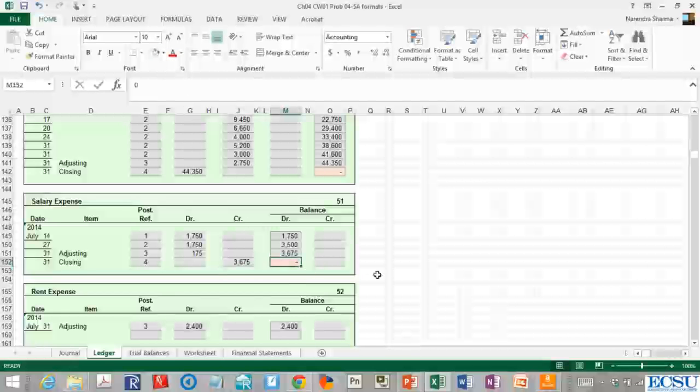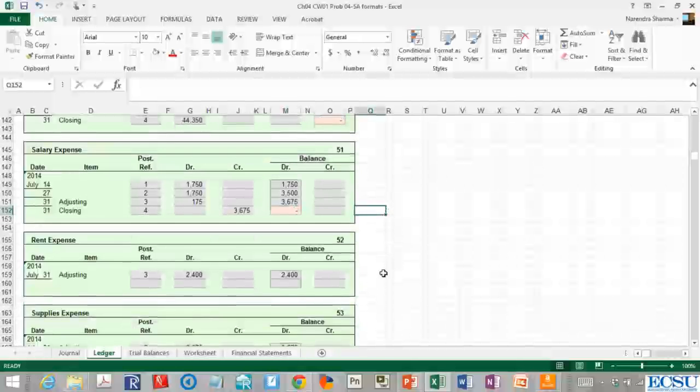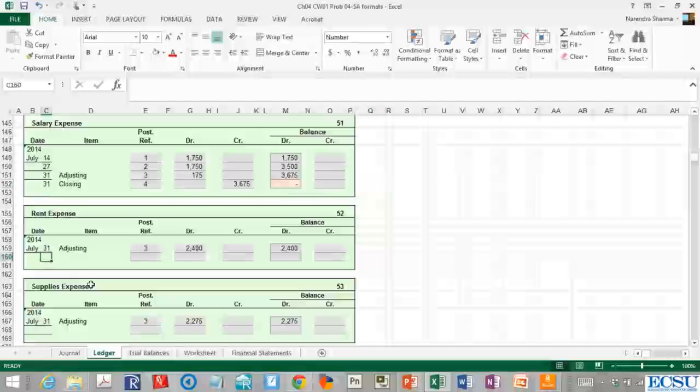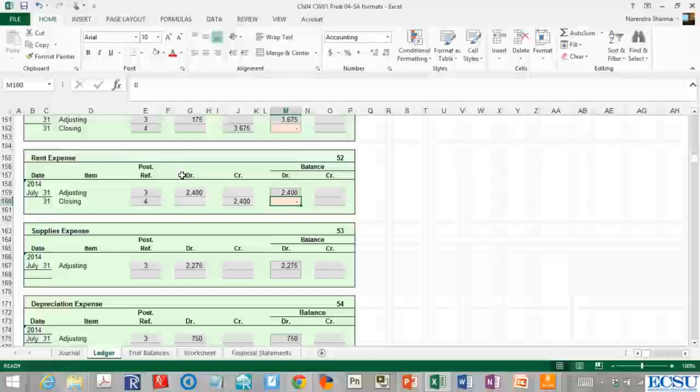So that is how we'll be closing the salary expense. Rent expense, again, this is 31, and here I'll write closing and page number 4, and this is going to be a credit of 2,400, and therefore this will be zero, and I have zeroed out that account as well.